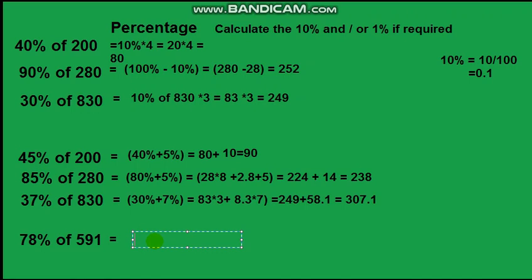The answer for this problem I will not give directly, or you can solve it your own way using this method. You can take it as homework, and please write the answer in the comment.